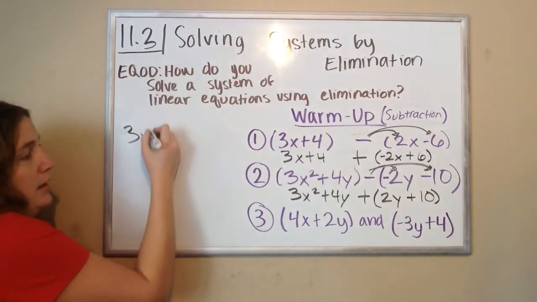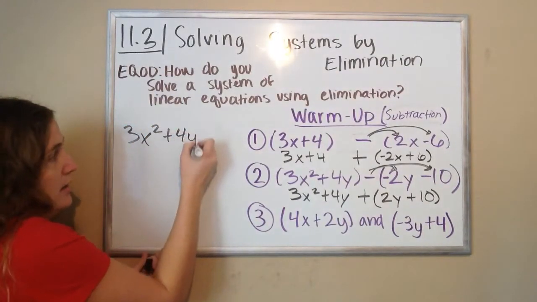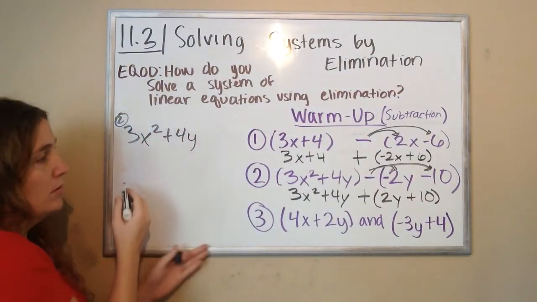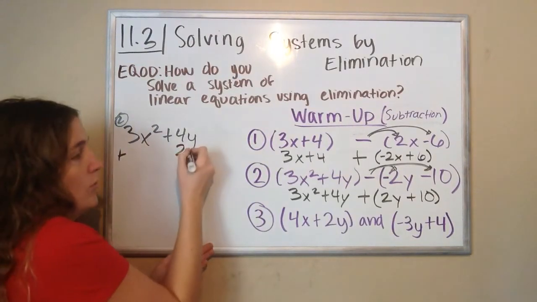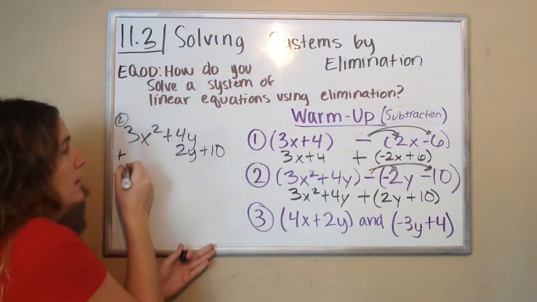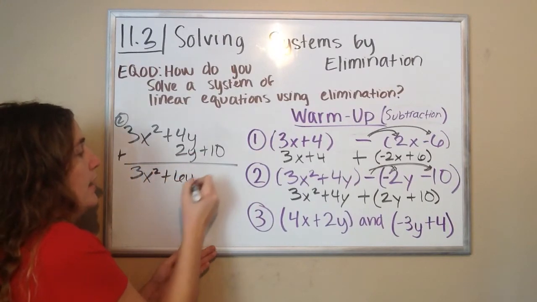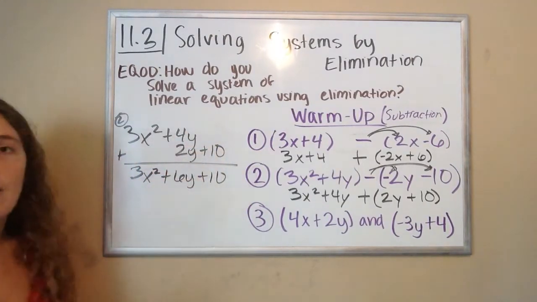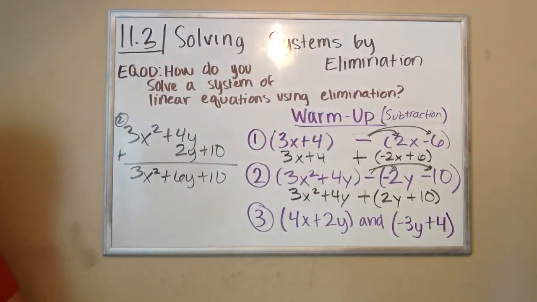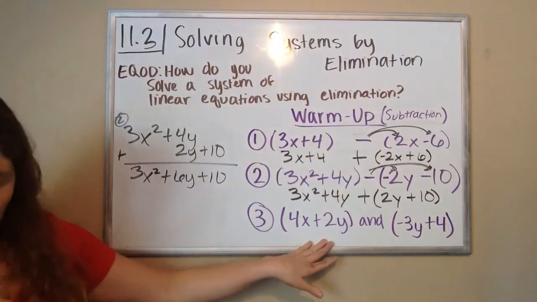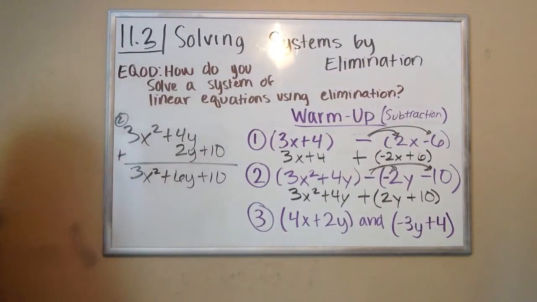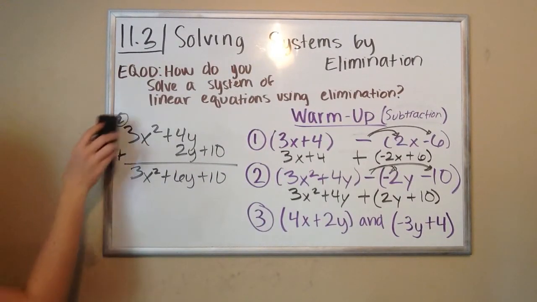So when I subtract these, it's number 2. I'm adding 2y plus 10. And you get 3x squared plus 6y plus 10. Notice I still lined up the y's. Okay, so try number 3. Remember you're subtracting here. Try it on the left-hand side. Don't add them. You're subtracting.